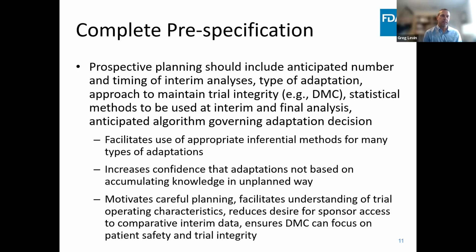The next principle is complete pre-specification. It goes beyond pre-specification in a standard or traditional non-adaptive design.